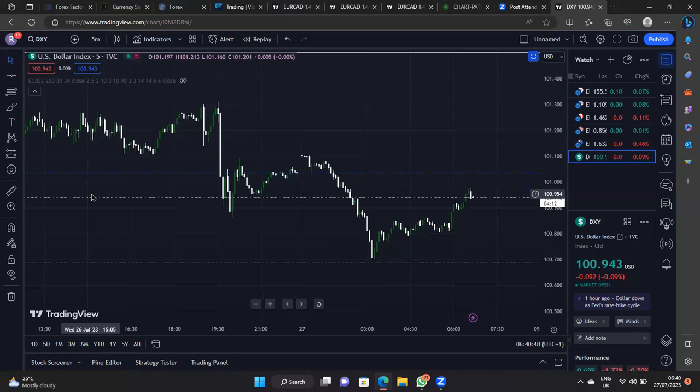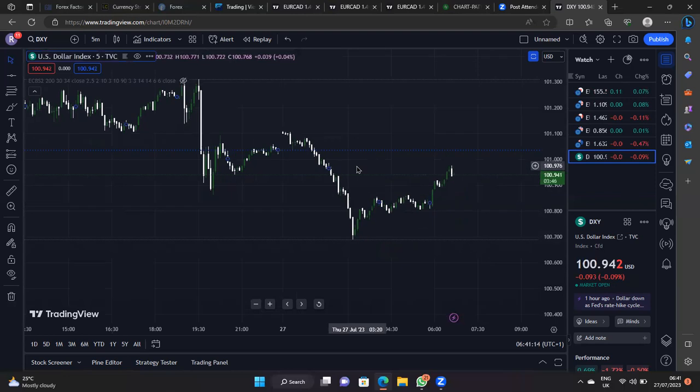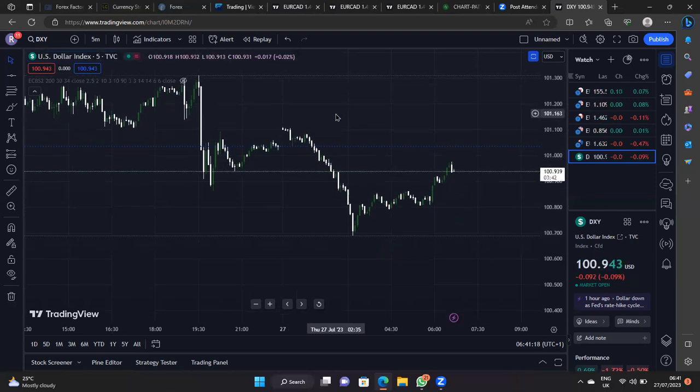Hourly zones are so powerful too, since you're a scalping trader, so they're very reliable enough. The next step is running it from the bigger time frame to the smaller time frame. Okay, so let's get started on it.